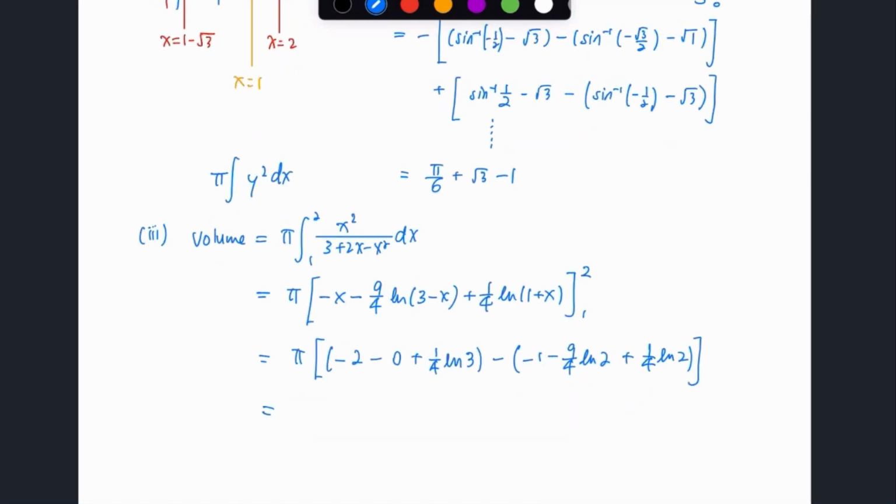So altogether, pi on the outside, you can simplify to 1 over 4 ln 3 plus 2 ln 2 minus 1. Something like that.